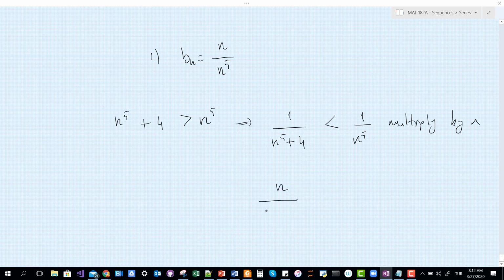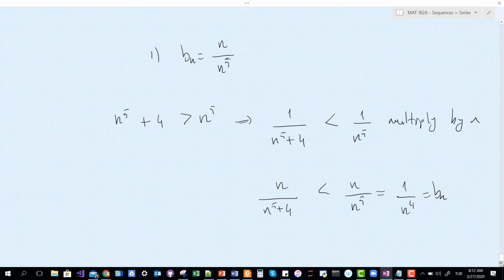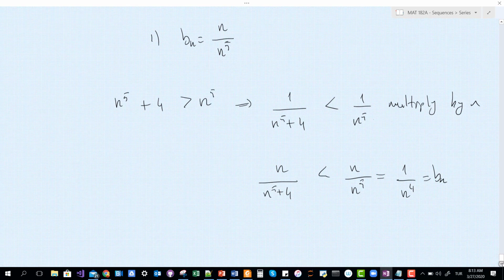This inequality will turn into this one, n over n to the 5. You see, this is my Bn I decided to choose at the beginning. I obtained it. So it is equal also to this one. This is my Bn.